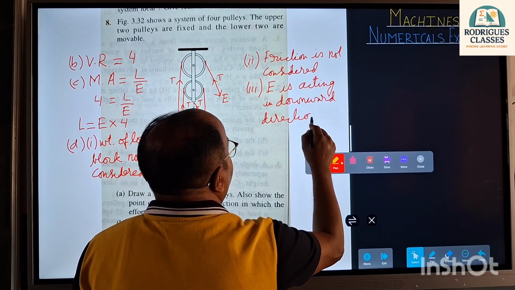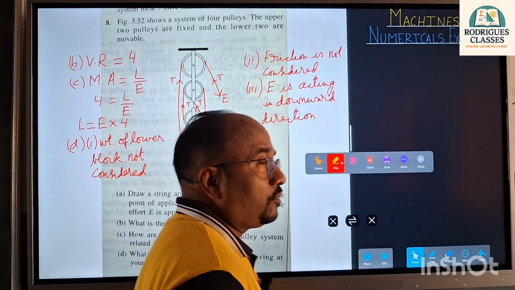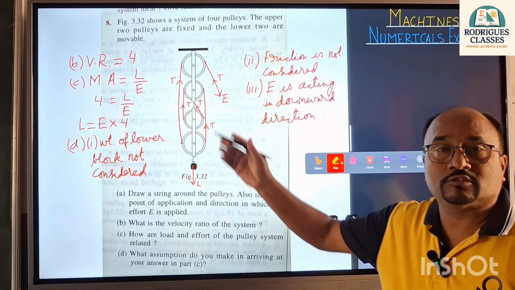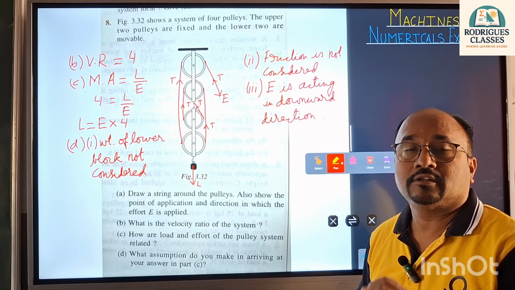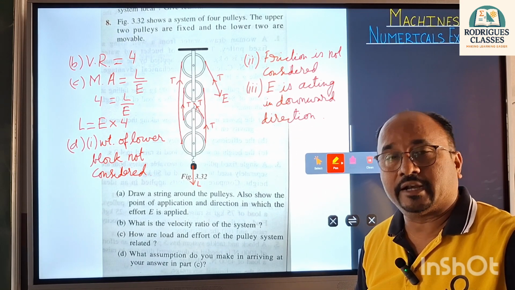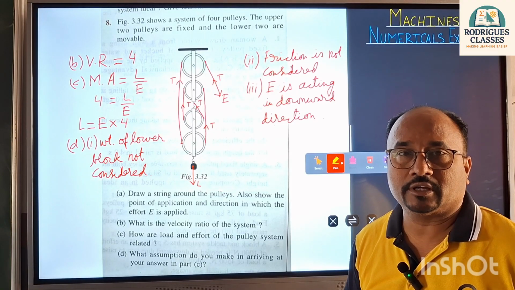So you have understood the concept of this numerical, a very good numerical to clarify certain concepts which get confused when you are doing these numericals.